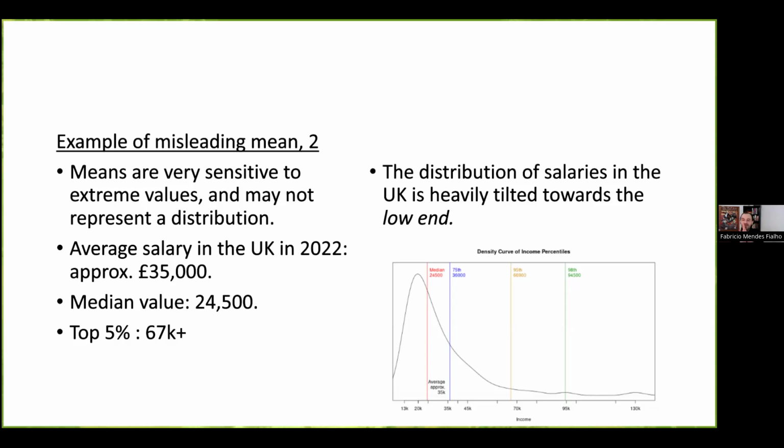So the 75th percentile tells that 75% of workers in this case make less than a certain value. And that value is 36,000 pounds a year.